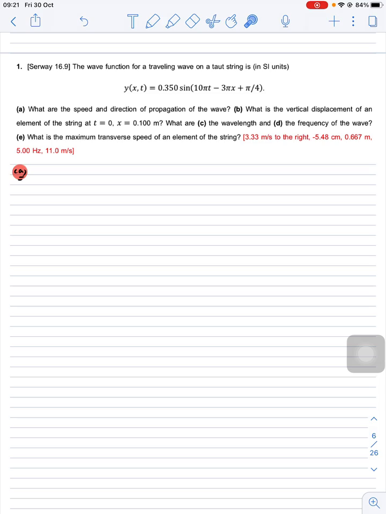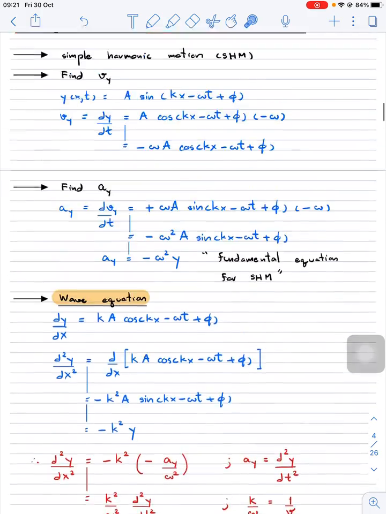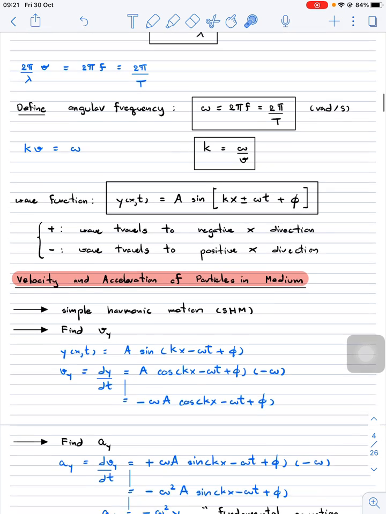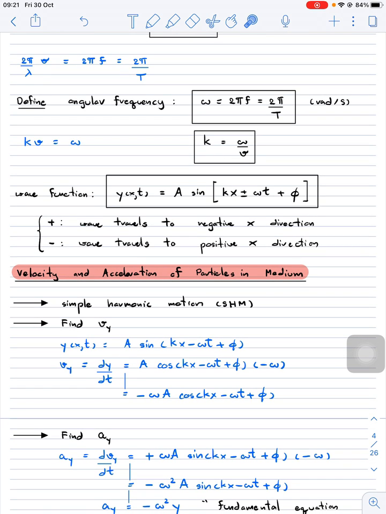As I just mentioned before, if the signs in front of the kx and omega t are the same, it means that the wave will travel to the negative x direction. But if the signs in front of the kx and omega t are different, in this case it is the negative side, it means that the wave will travel to the positive x direction.